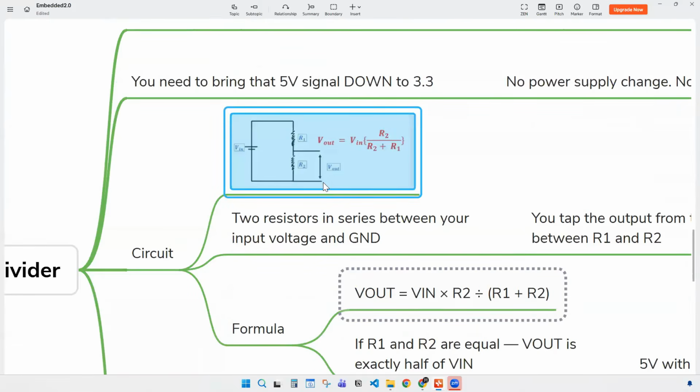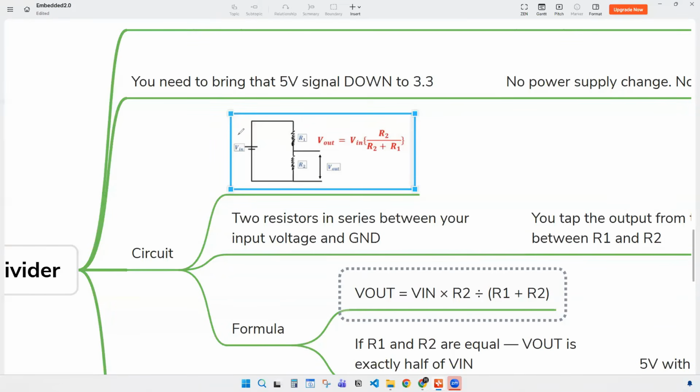Whenever I need to give it to the microcontroller, I take it from this V out because it gives us 3.3 volts. But when I want to connect the ultrasonic sensor, I take it from this probe to this probe. Are you clear?